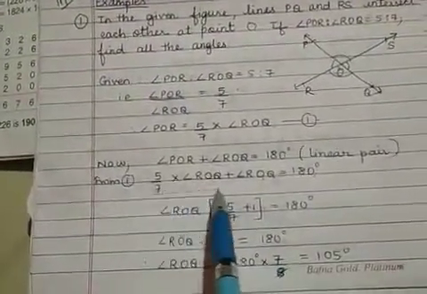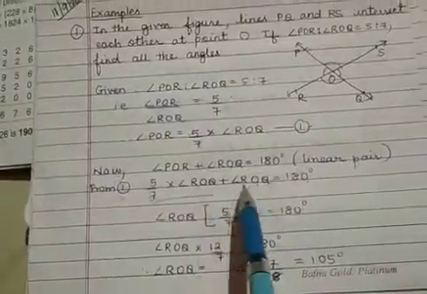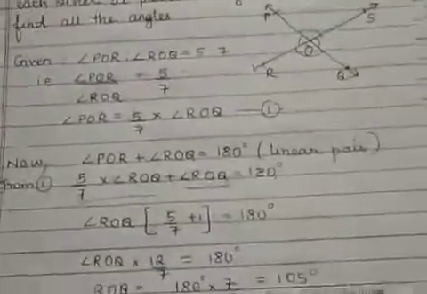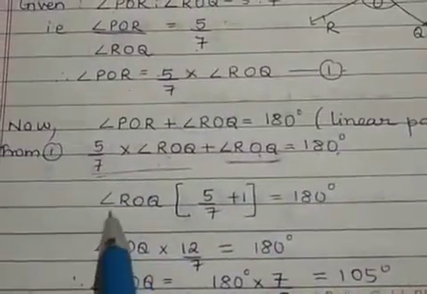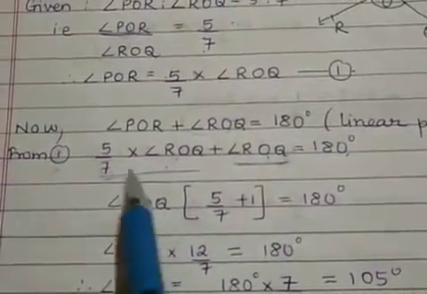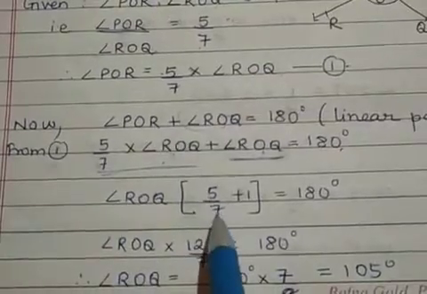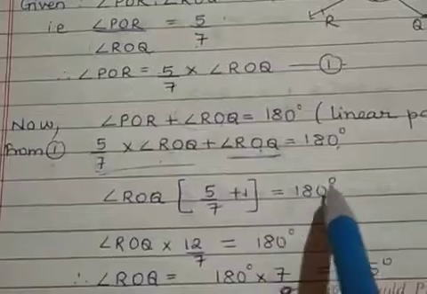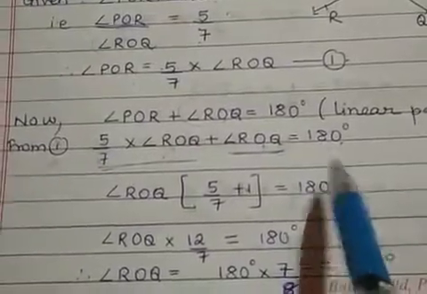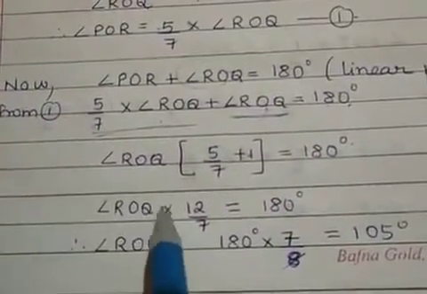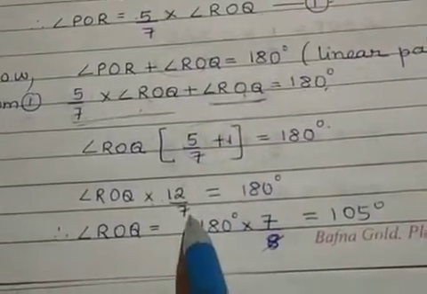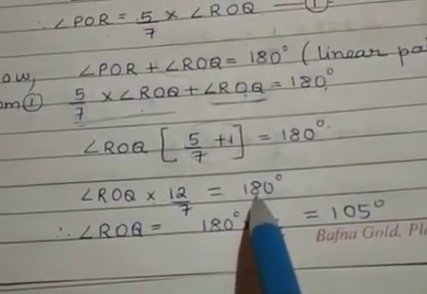Now here I have angle ROQ and here also angle ROQ, so I can take it common. Upon taking angle ROQ common, what is remaining here is 5/7 plus 1, equal to 180 degrees. So angle ROQ multiplied by, if I solve this bracket, I get 12/7 equal to 180 degrees.